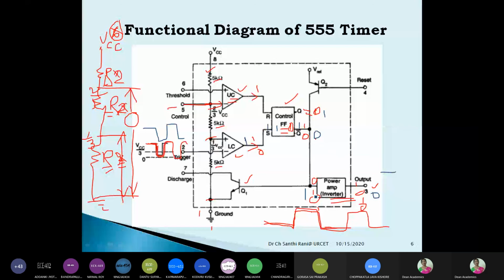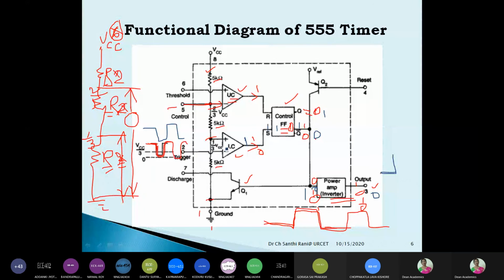When Q bar is equal to 0, to your inverter you are giving this Q bar, and when it is 0, output will be 1. Therefore, output will be changing from 0 to 1 when this comparator output goes high. When does this comparator output go high?